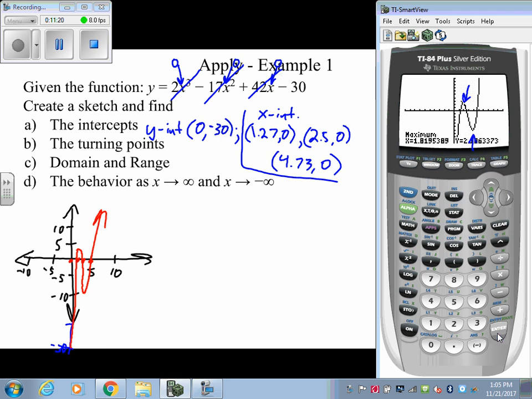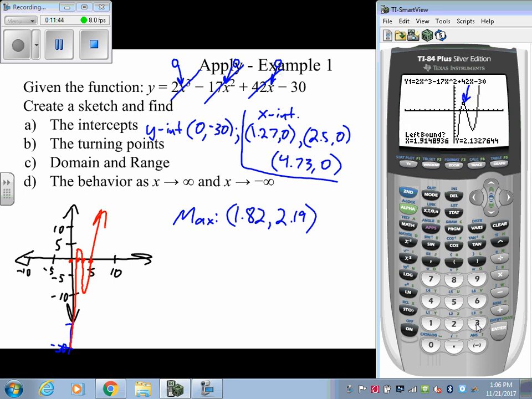And I have 1.82, comma, 2.19 approximately. All right, we'll do that again now for our minimum.